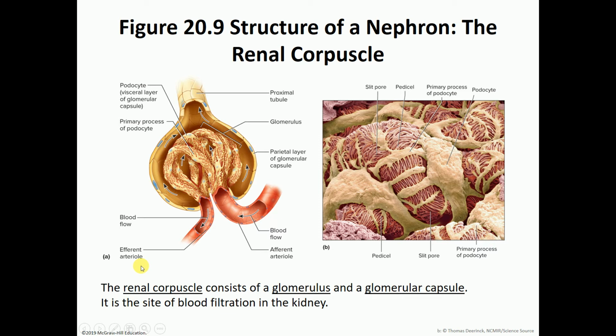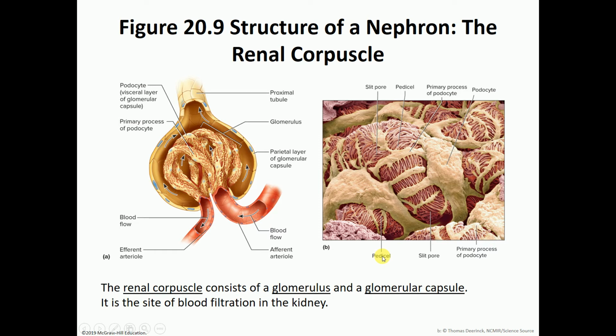If you look at the capillaries, they don't look like they're red because they are actually covered by cells. These cells are known as podocytes. The podocytes have what look like finger-like projections, and those projections are known as pedicels.